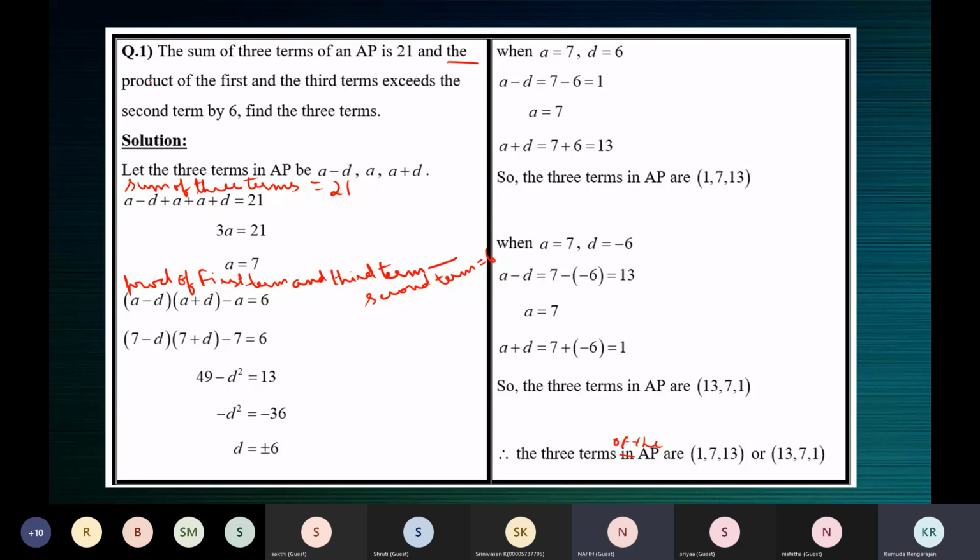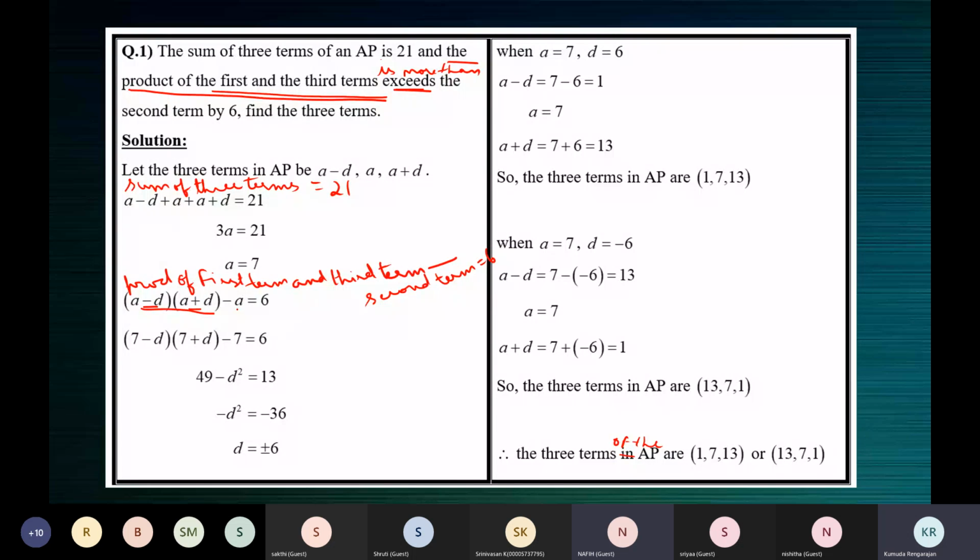The product of the first and the third terms exceeds, means is more than. Exceeds means this is more than the second term by 6. So the product of these two terms, the first term and the third term, is more than the second term.